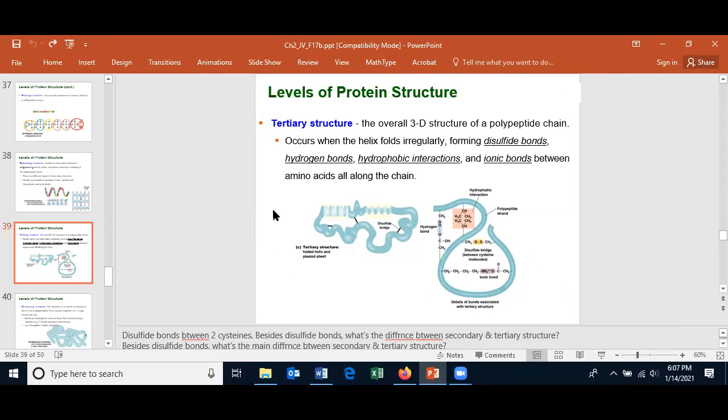Some proteins only have a tertiary structure, and that would be all enzymes that I know of, like catalase. What's an enzyme you studied in Biology 160? Was it catecholase?